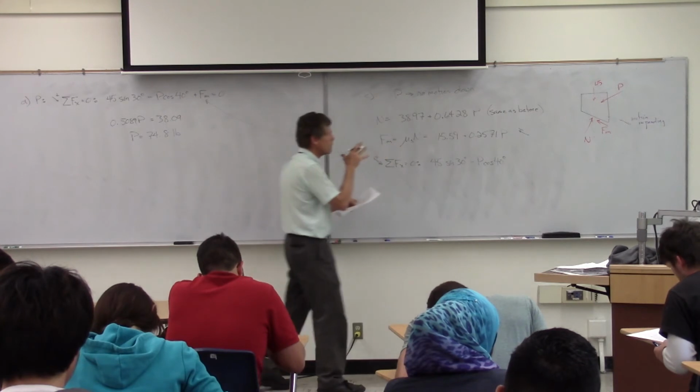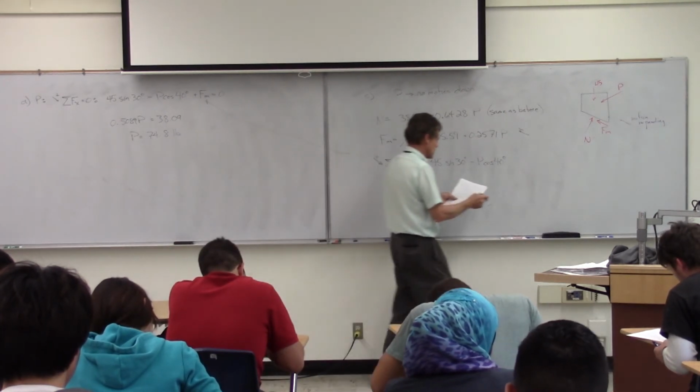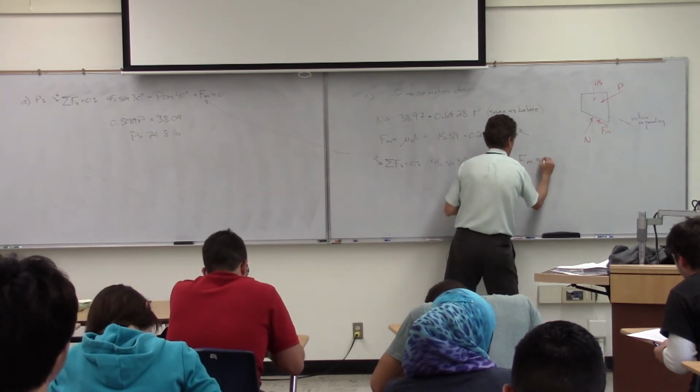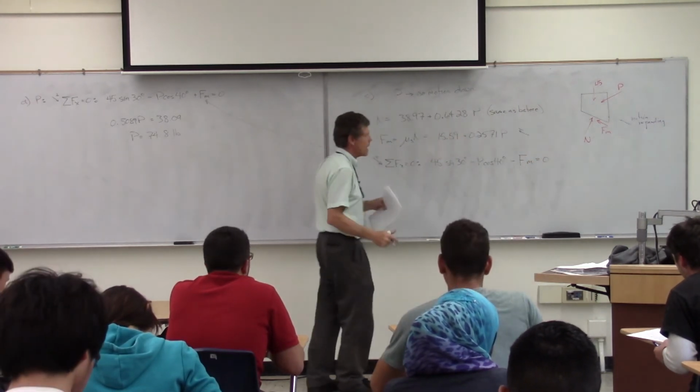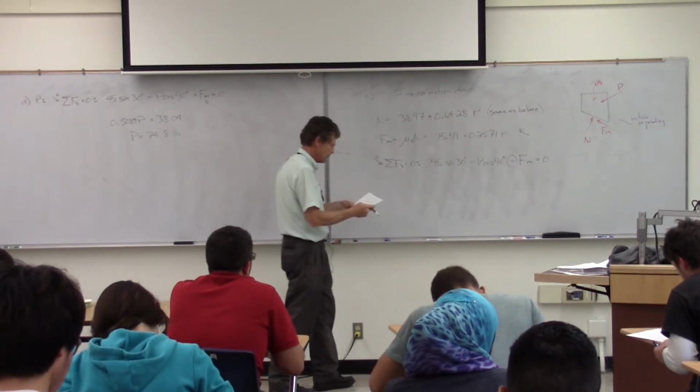So those first two components will be the same as what we did before. But now what's going to come in differently is that my F of m now will have a minus sign in front of it instead of a plus sign.